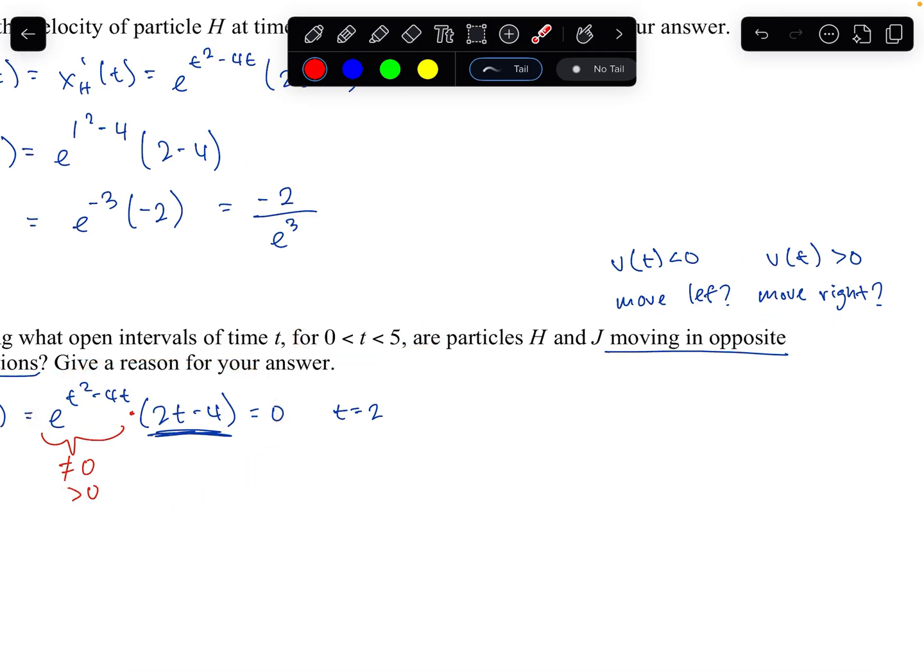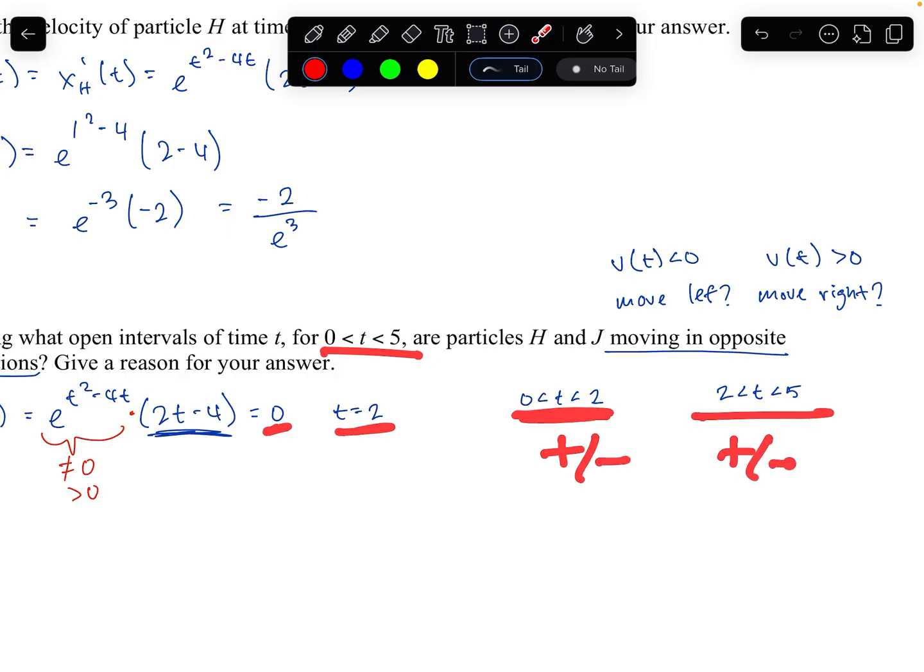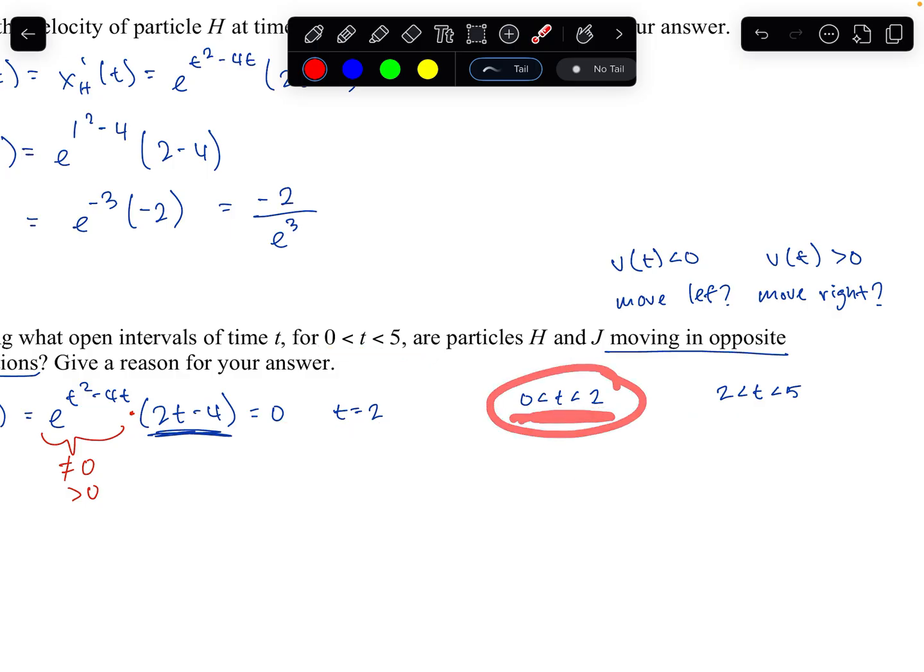So now we just have to split this interval into two parts: from 0 to 2, and then from 2 to 5. I know that it's going to be 0 at t equals 2. That means between 0 and 2, I can decide if it's positive or negative. So let's think about values that are in between 0 and 2.